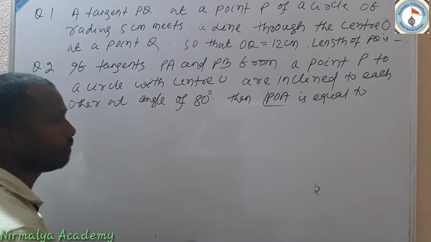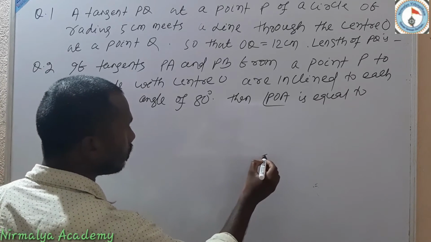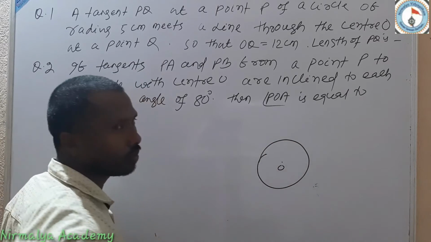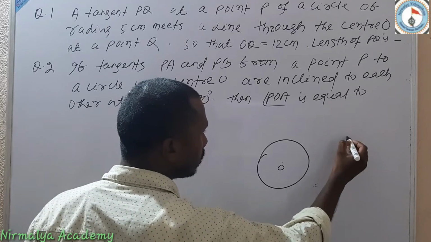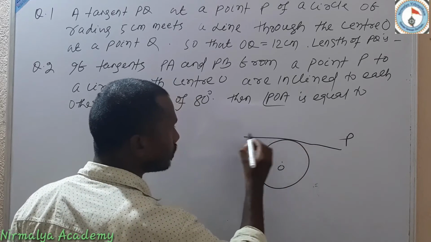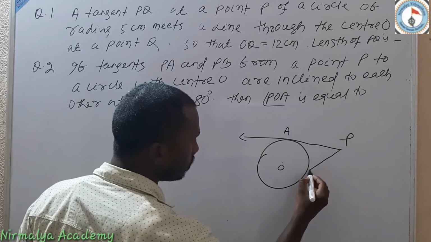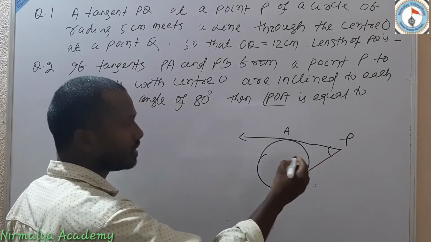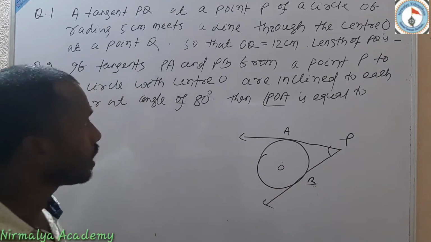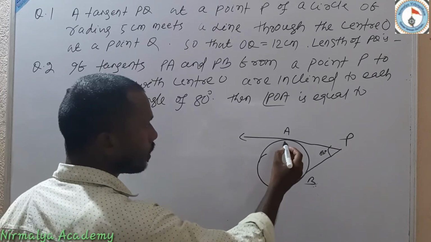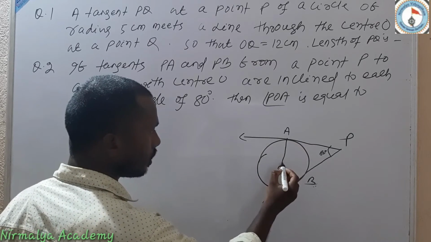So it is given that a circle with center O and a point lying outside the circle, that is P, and two tangents, one is PA, another is PB, are drawn such that the tangents PA and PB are inclined to each other at angle 80. Now join OA and OB.